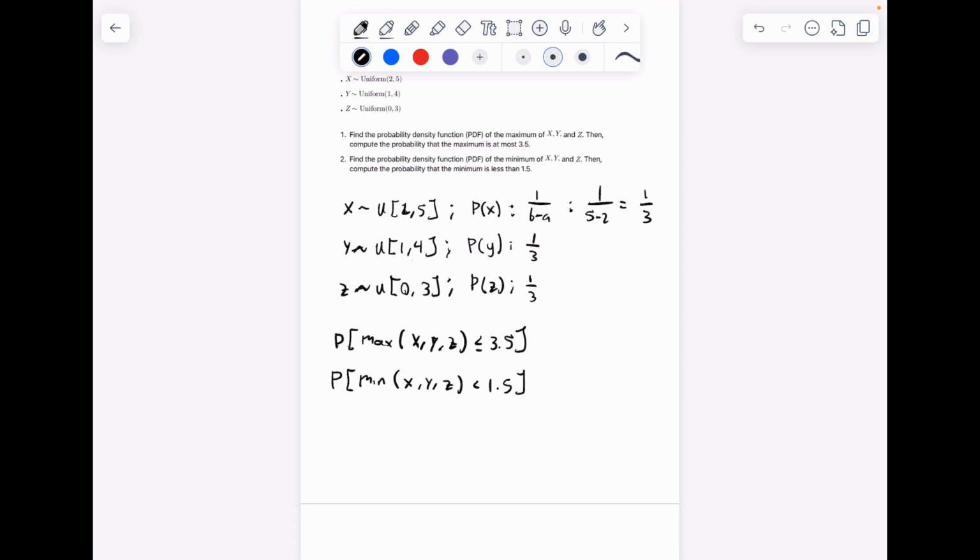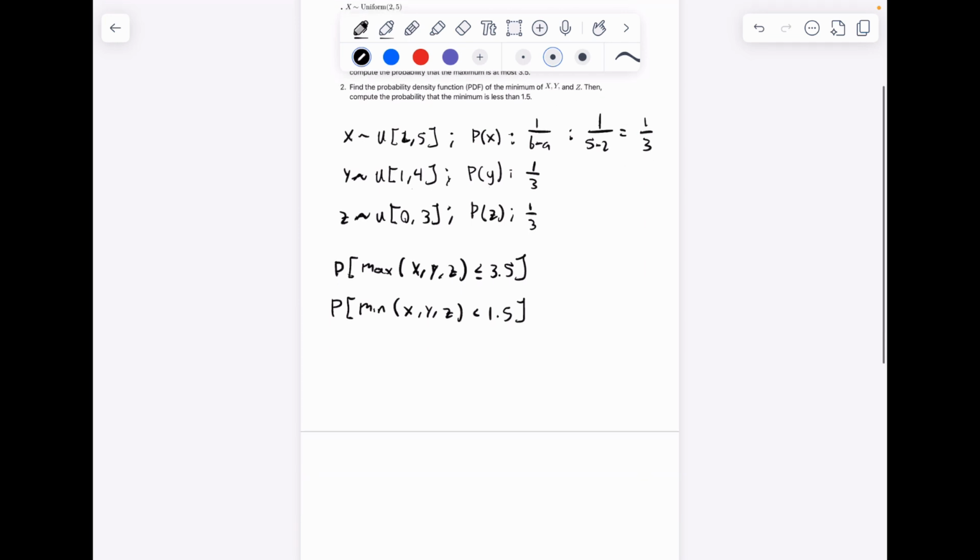So we can just say for max, all X, Y, Z must be less than or equal to 3.5.